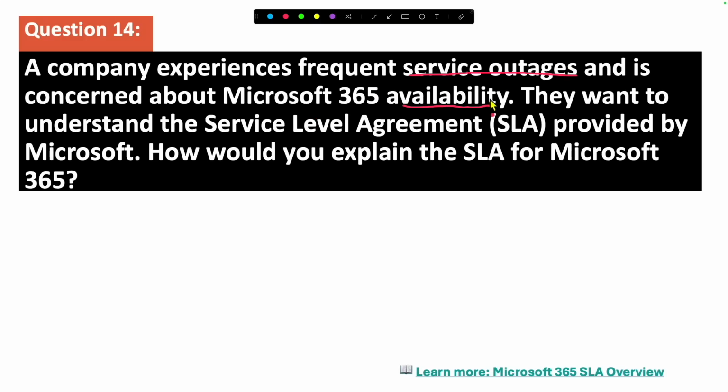Again, that's such a key word here, availability. Whenever somebody asks or talks about availability, they are trying to understand the service level agreement, or where they can find information about whether a particular service is available, and if they are affected, what they can do, and things like that. So those are a couple of keywords.